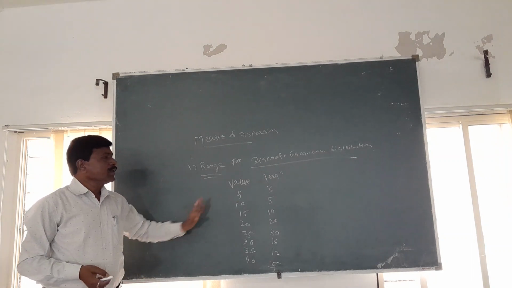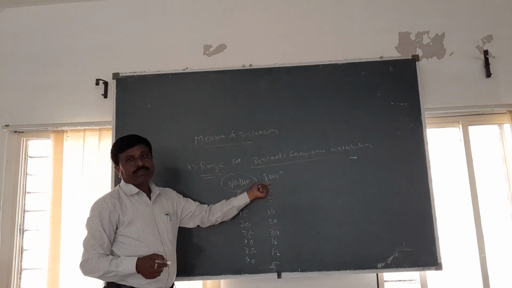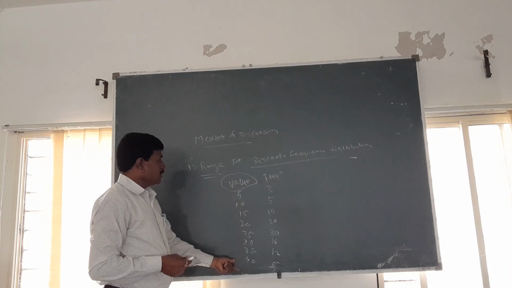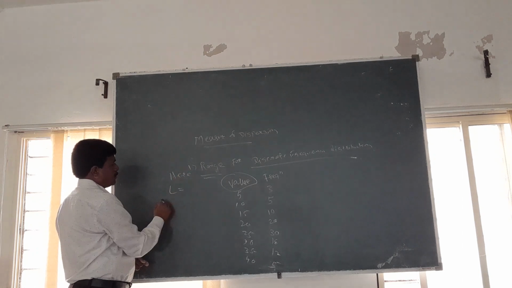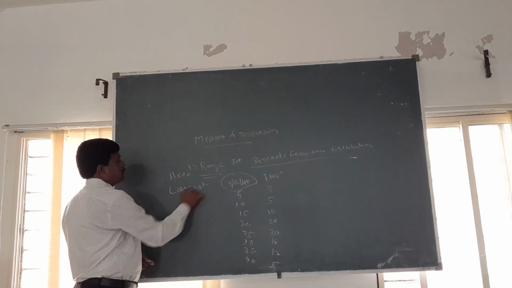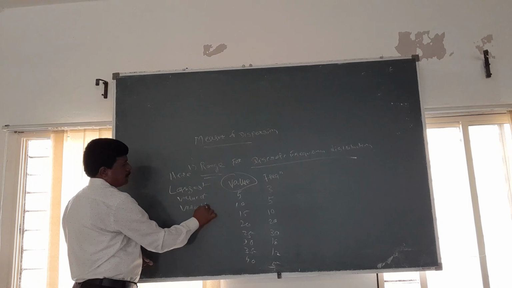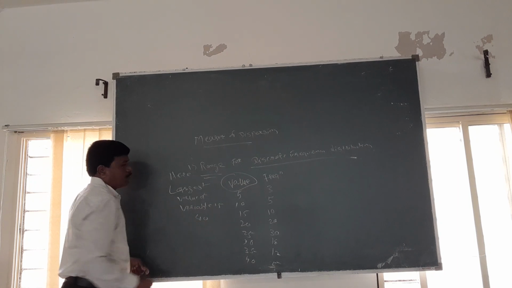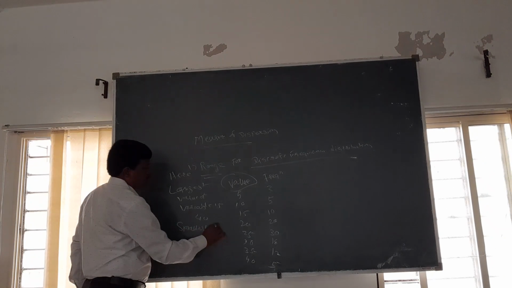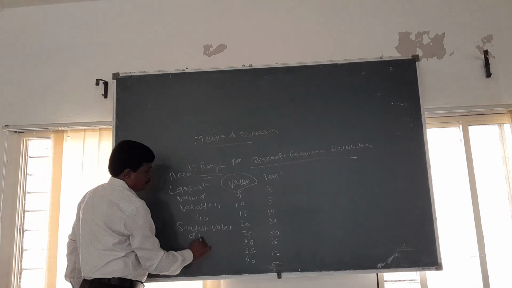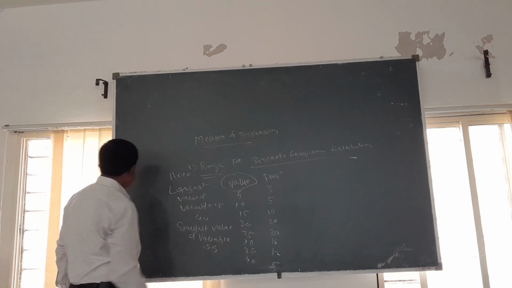In this example, we look at the largest value of the variable, not the frequency. The largest value of the variable is 40 and the smallest value of the variable is 5.